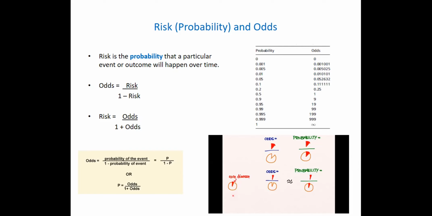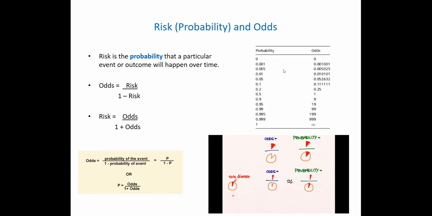So in a rare disease, if that sector is very small, the odds is close to the probability. Just like you see in the table we have here, when probability is 0, the odds is 0 also. When probability is 0.001, the odds is 0.00001. It's very close.